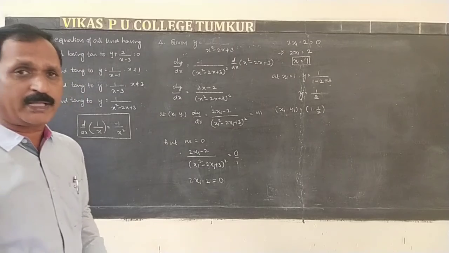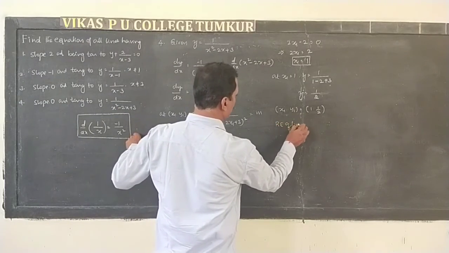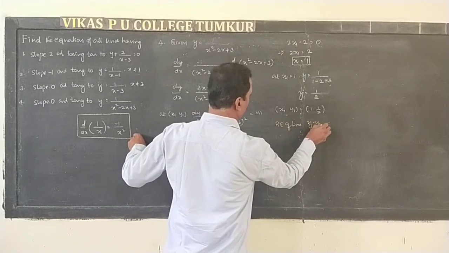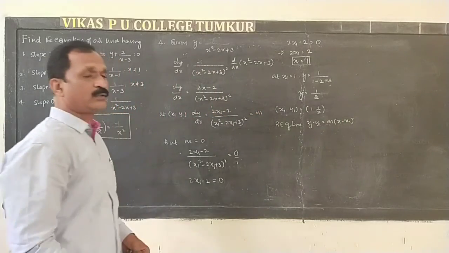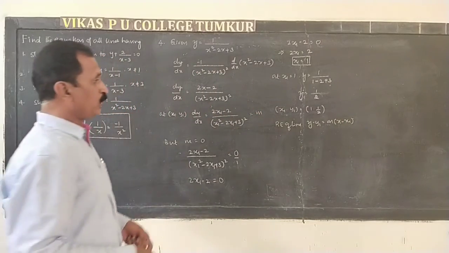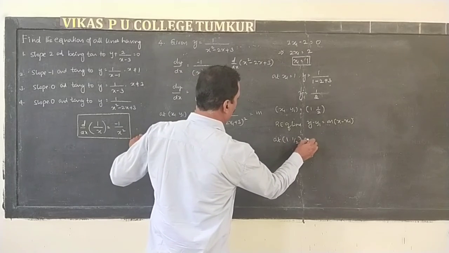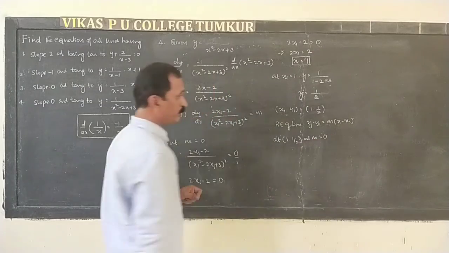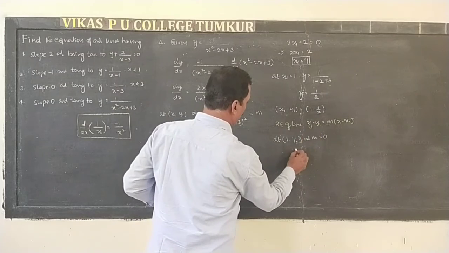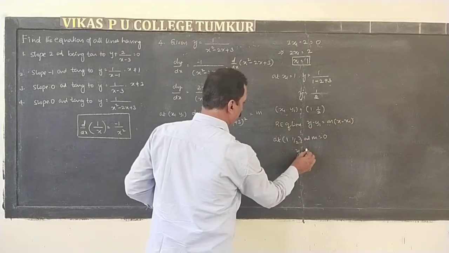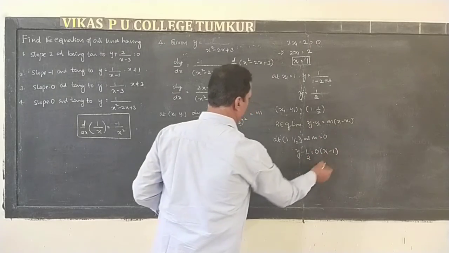So, shall I write the required equation? The required equation of line is always in the form of y minus y1 is equal to m into x minus x1. Right? So, at the point 1 comma 1 by 2 and slope m 0, I want to find the equation. Therefore, y minus y1, which is 1 by 2, equals m, which is 0, into x minus 1.